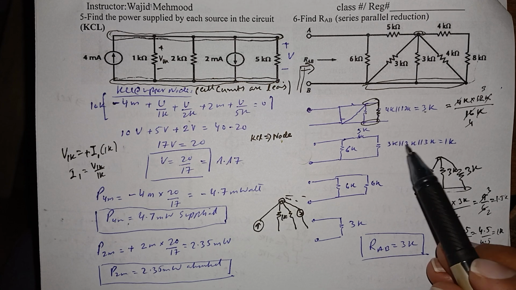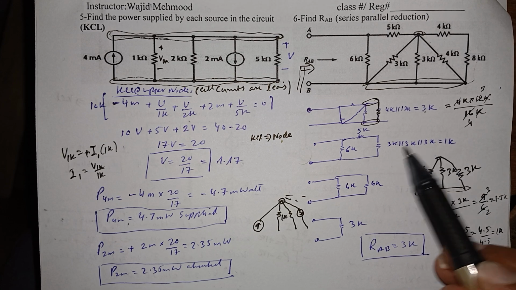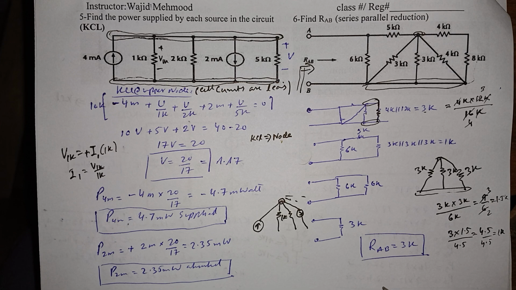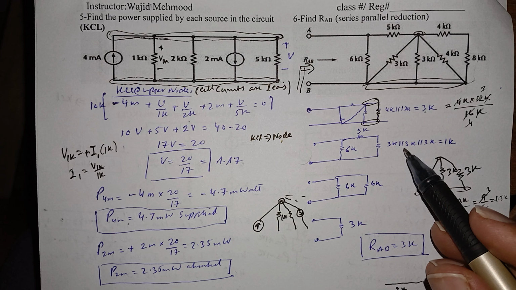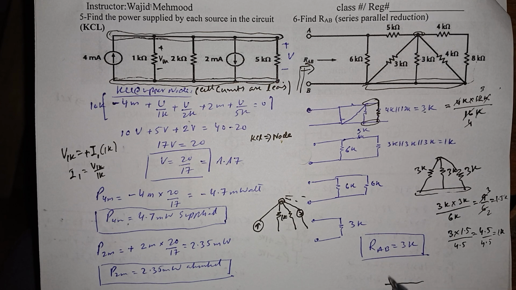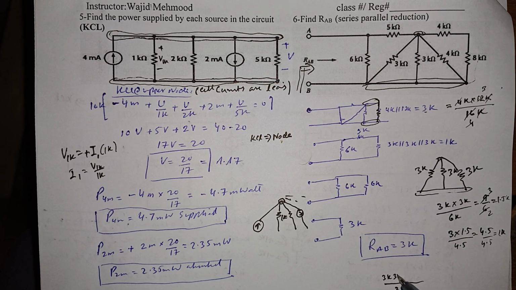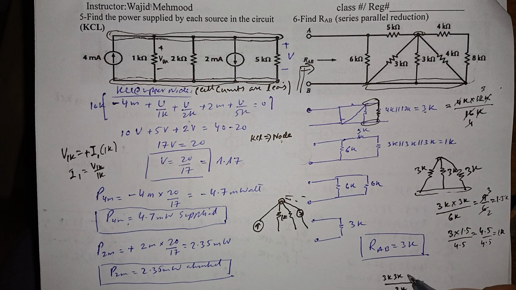So it is shown here, and the formula was different. 3K was the LCM, and 3K into 3K, that was by using the other method.